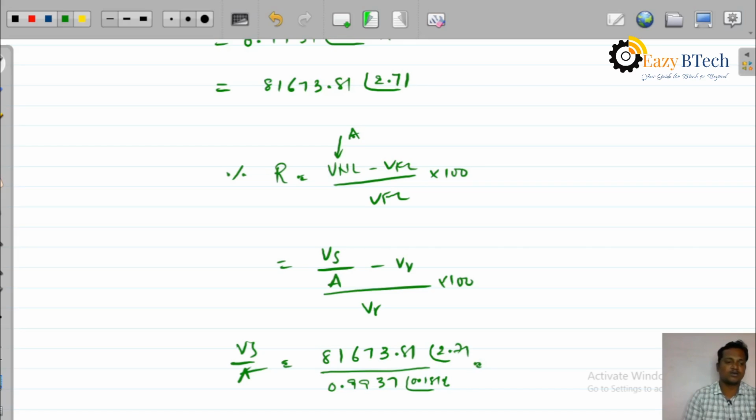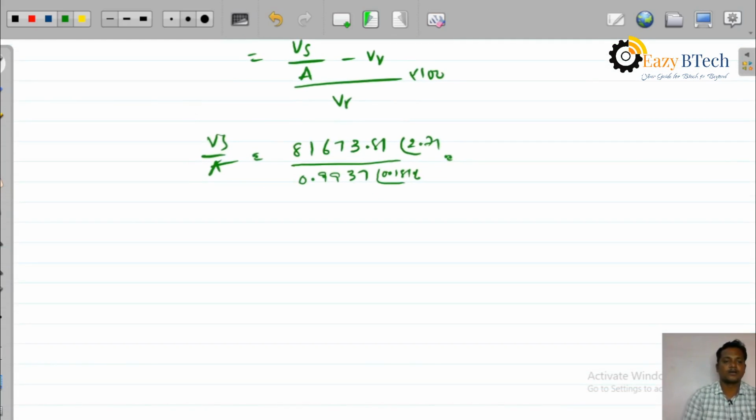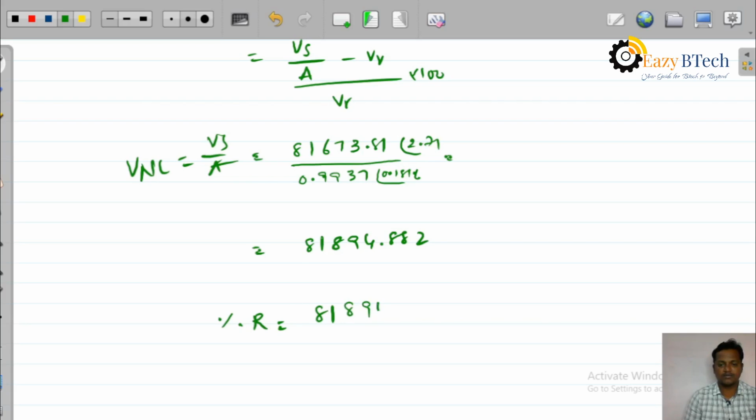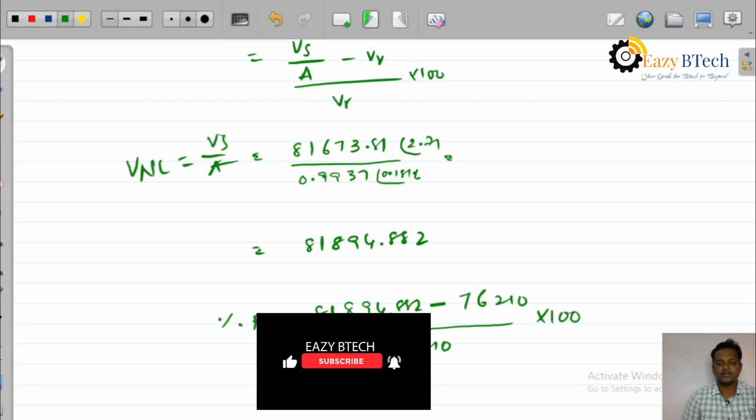We get the no load voltage, V no load, equals 81894.882. Now the percentage regulation equals, with this no load voltage magnitude, 81894.882 minus 76210 divided by 76210 into 100. We get the regulation as 7.46%.